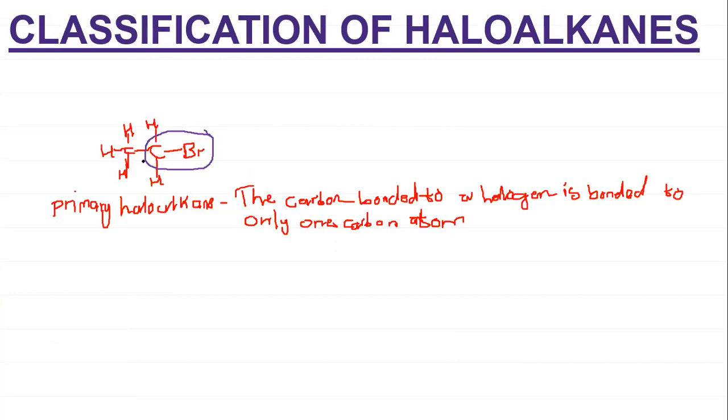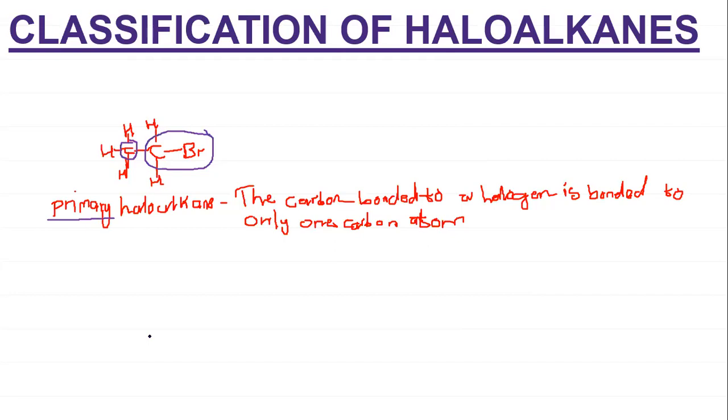So the carbon that is bonded to the halogen, can you see that it is only bonded to one carbon atom? So this carbon that is bonded to the halogen is bonded to only one carbon atom. And hence we say it is a primary haloalkane.